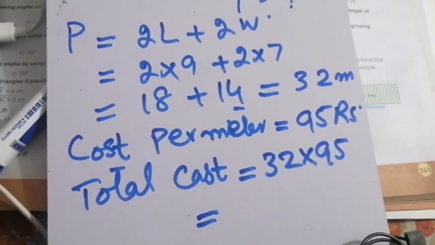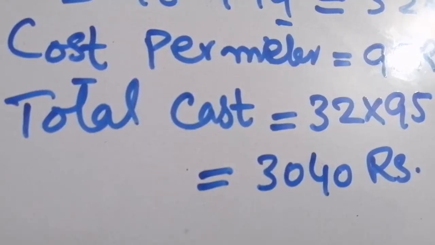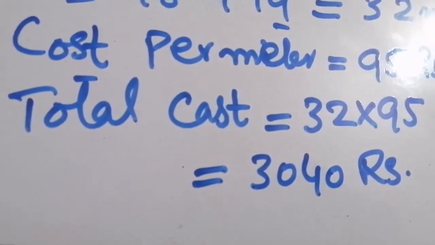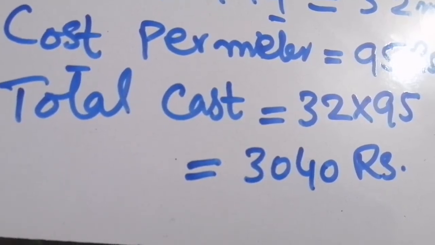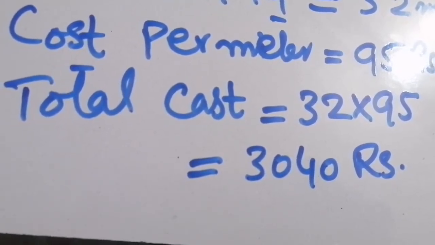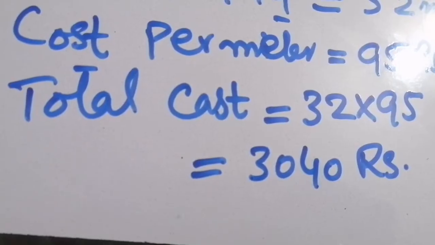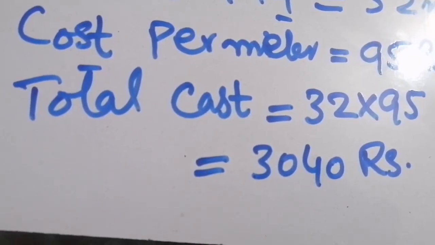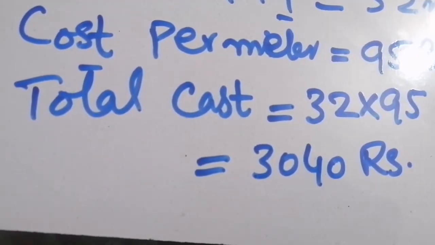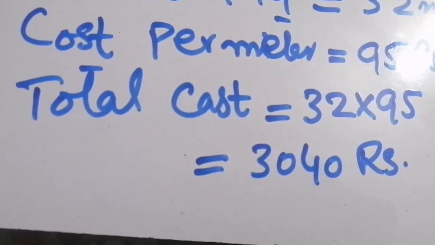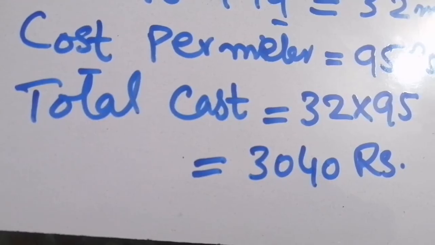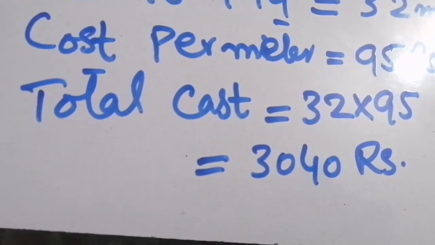When we multiply 32 into 95, its answer will be 3040 rupees. Total cost of growing grass is 3040 rupees.